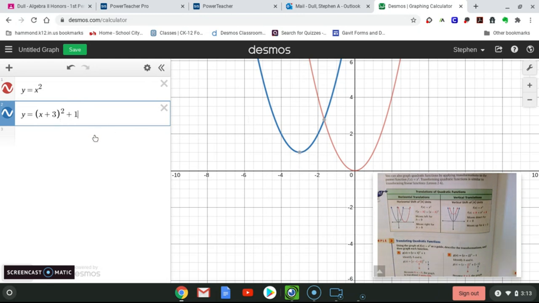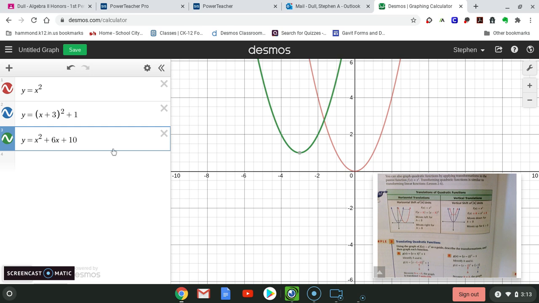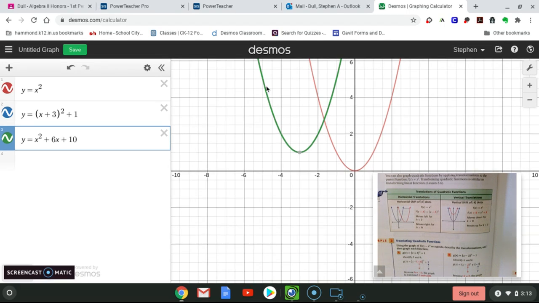So I want to do one more thing. In this next row, I'm going to type in y equals x squared plus 6x plus 10. And all of a sudden, that graph that was blue looks like it turned green. What happened here? Well, I'm going to hide the green graph for a minute just so we can verify that, yeah, that's actually the exact same graph.